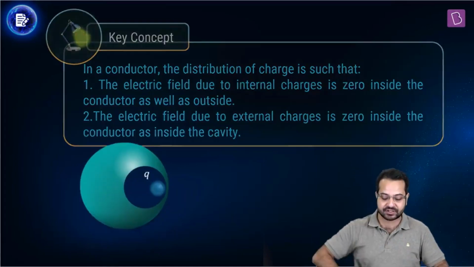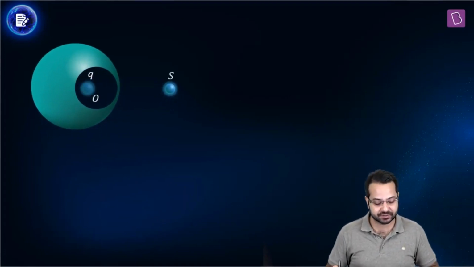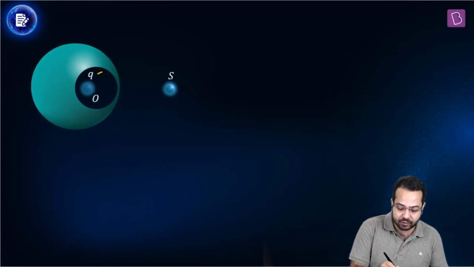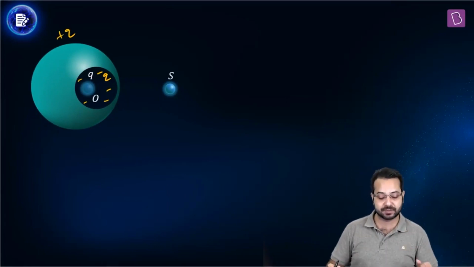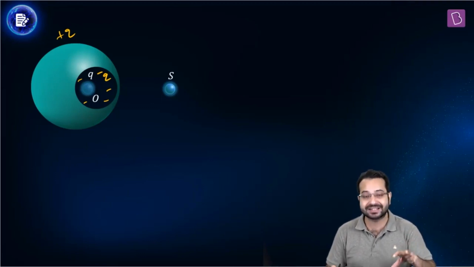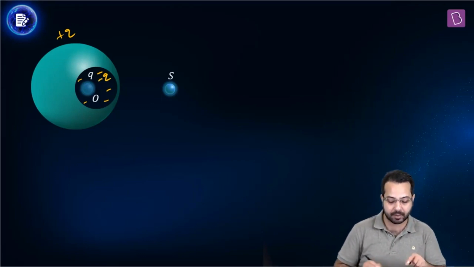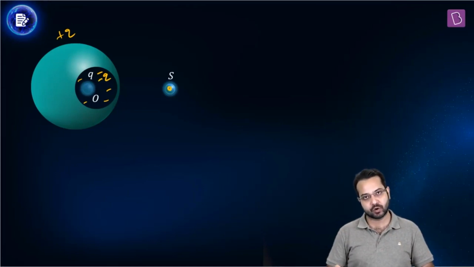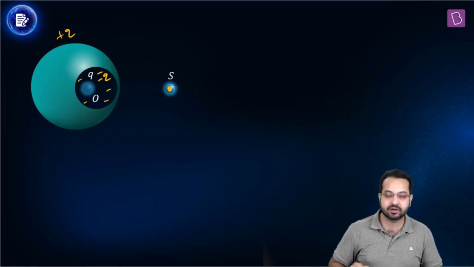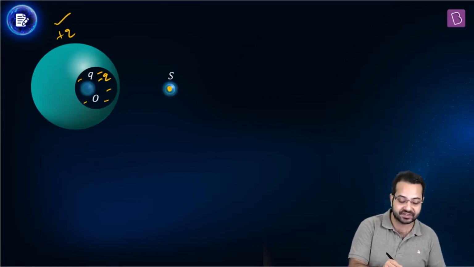All right. Now let's use this concept to solve this question. Okay. So we know that there is going to be charge minus q on the inner surface and plus q on the outer surface. Now in this situation, this q and minus q is already making the field zero over here. Okay. And the field here is only because of this external charge.